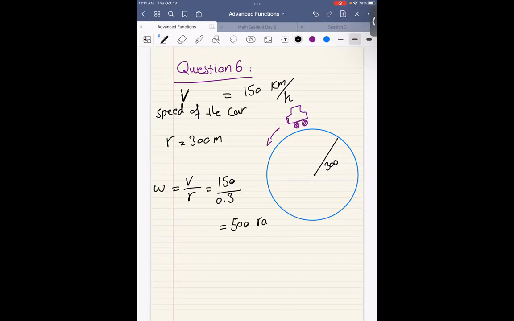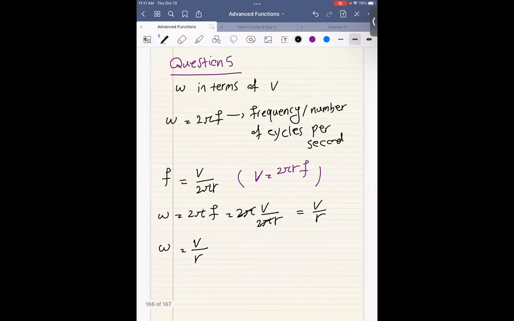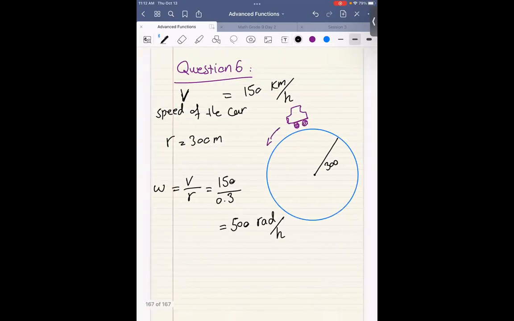So what is the unit? Radian per second, hour or minute? Per hour. Okay. Is that clear? Yes.